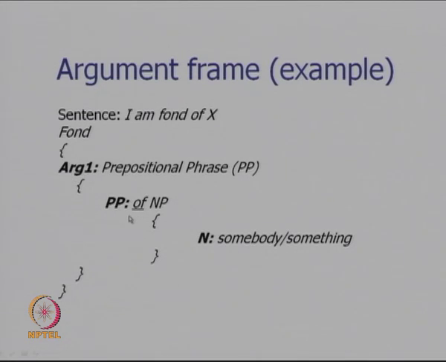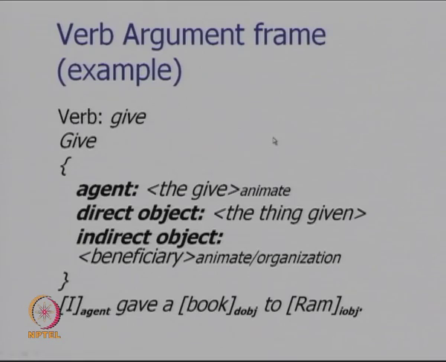It must have the following property. It must be a prepositional phrase, and the phrase must start with of. Then there has to be a noun phrase, which must have a noun, and that is somebody or something. So, I am fond of John, this is somebody. I am fond of cooking, this is something. So, this is the argument frame example.